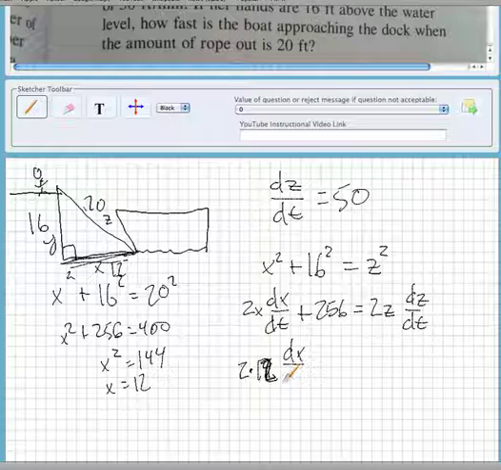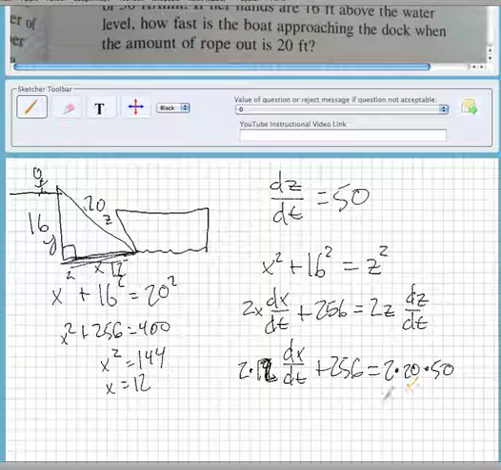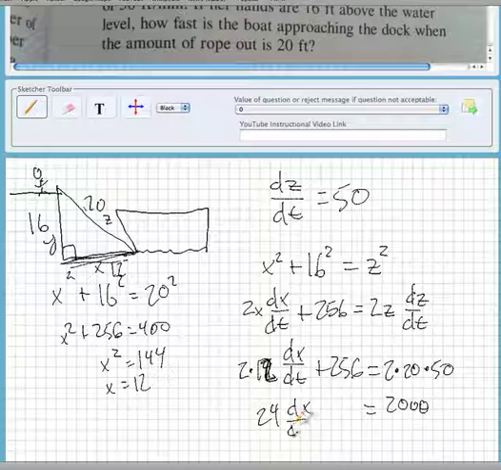So 24 dx/dt plus 256 equals 2 times 20 times 50. So that becomes 2,000. And then this is 24 dx/dt plus 256.